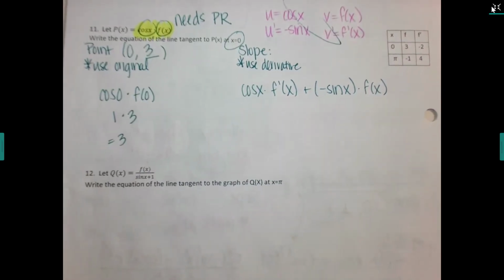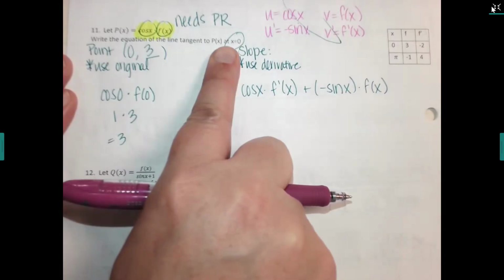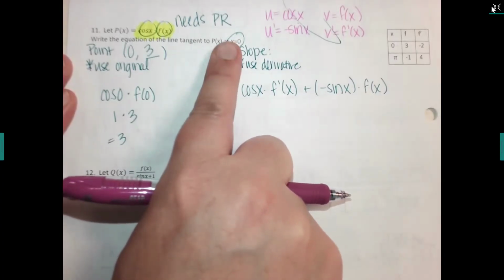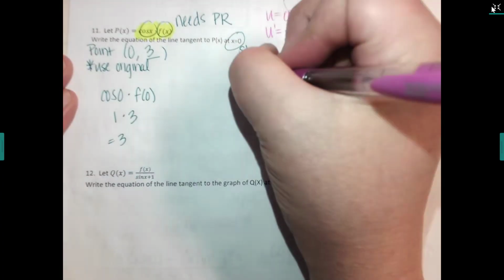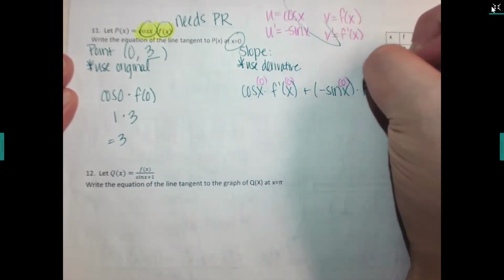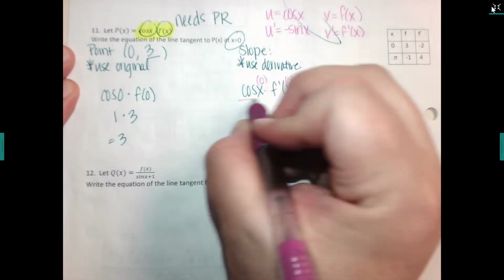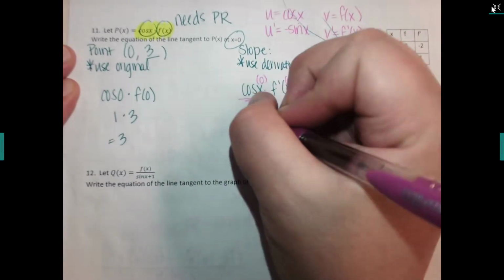And then because we're plugging in a value, a number, I'm not going to try to get a GCF or anything. I'm just going to start plugging in numbers. What is our x? What number? 0. So we're going to put a 0 here, here, here, and here. What is the cosine of 0? 1.